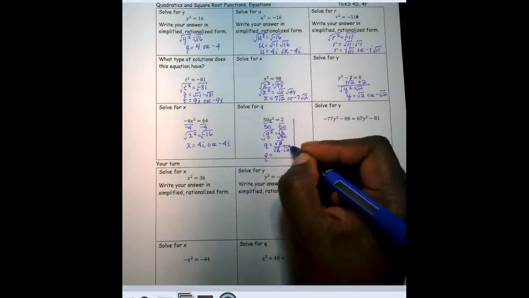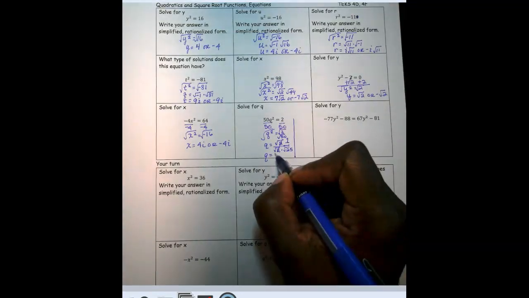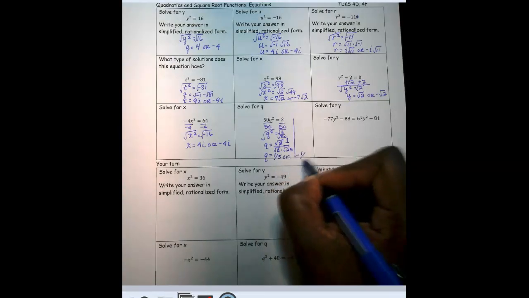That eliminates or reduces, and so I'm left with a 1 on the top. Well, I know what the square root of 25 is. It's 5. So q would be equal to 1/5 or negative 1/5.